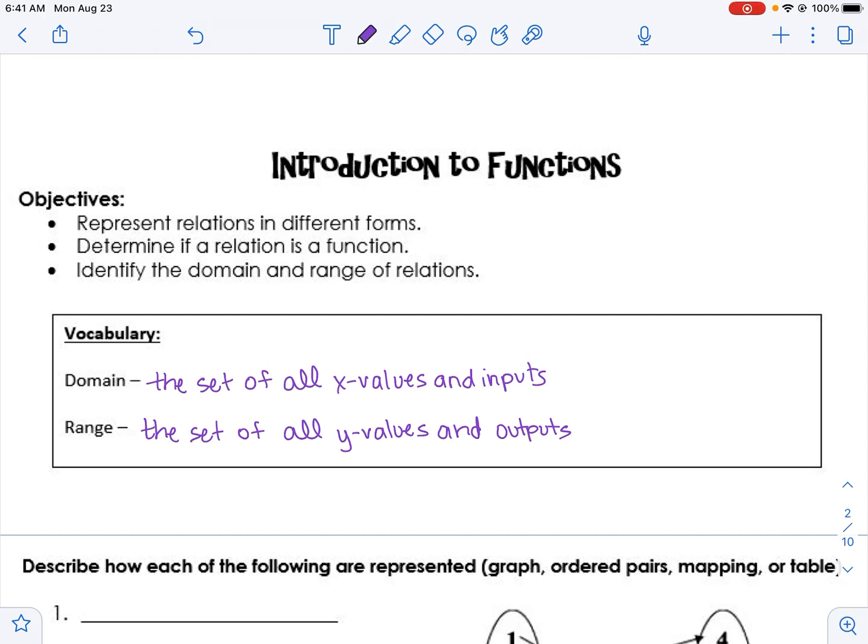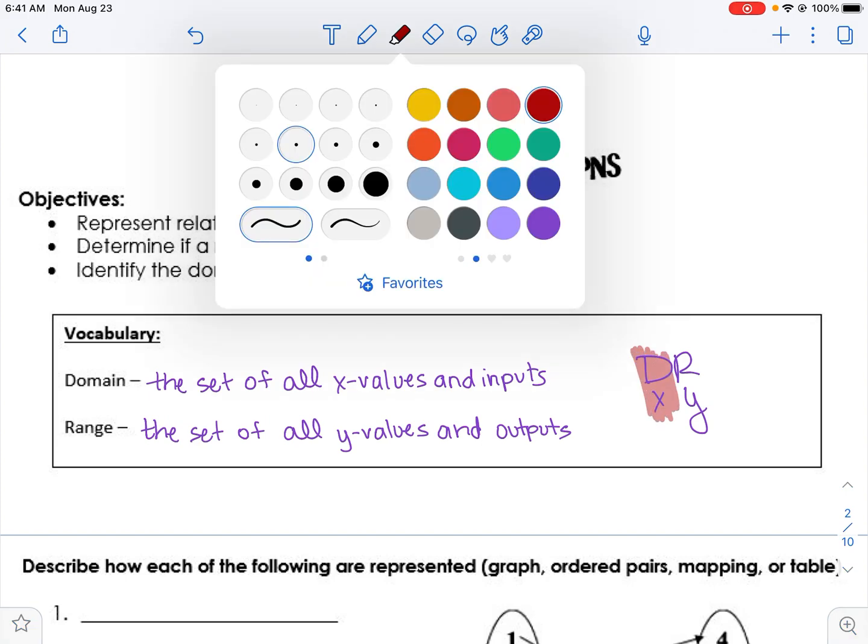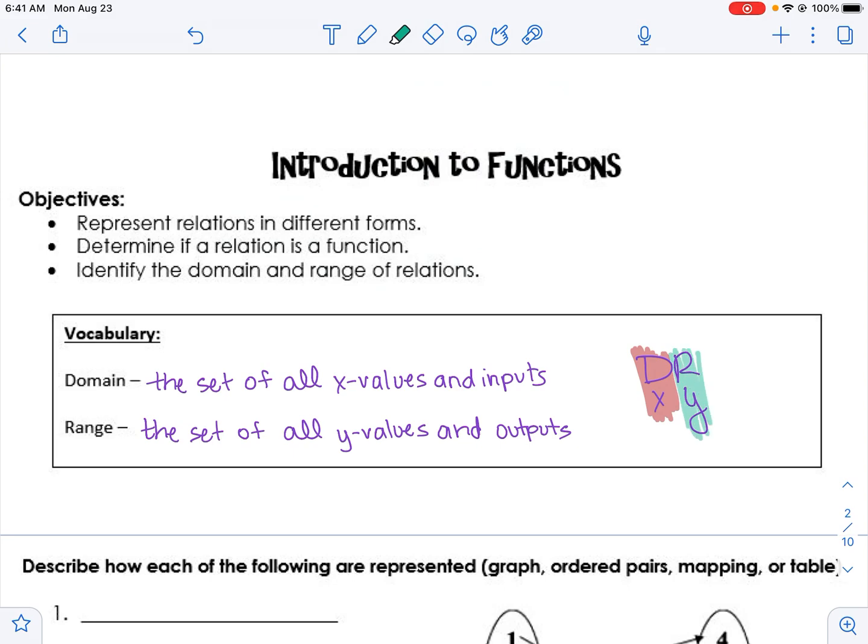Okay, so to help us remember this, we have our good old friend Dr. XY. And this helps us remember that the domain is our x's and the range is our y's.